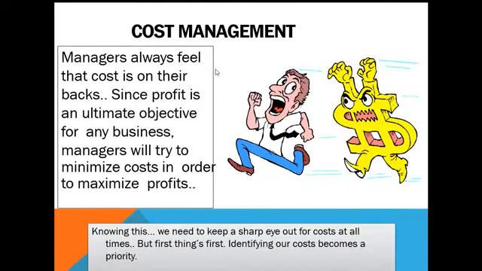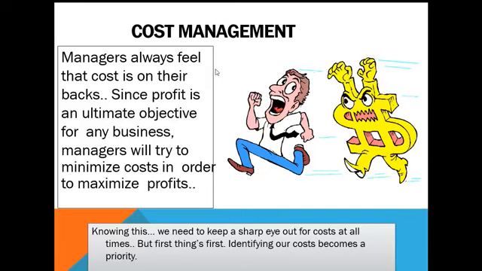When we talk about cost, we are simply referring to what the business incurs in the production of goods and services. Every business must incur cost, and it is the responsibility of management to see that their cost does not surpass their revenue.